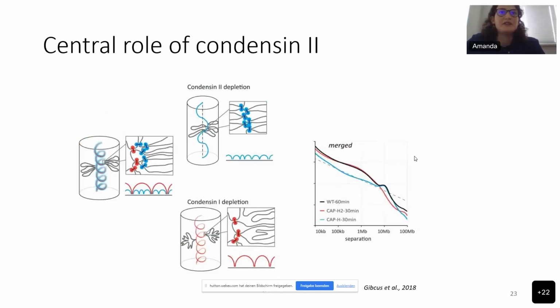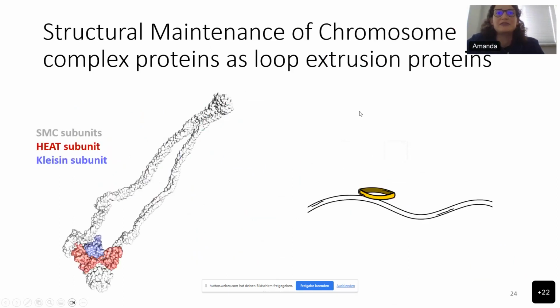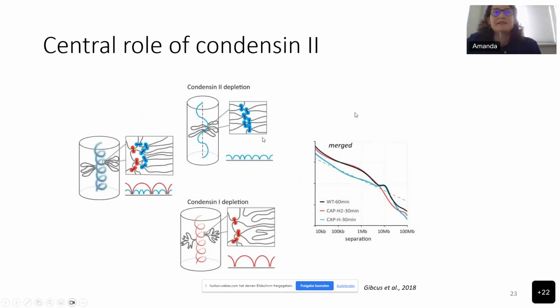And condensin 2 has a very central role in this model because they did the depletion of condensin 2 or condensin 1, and they noted that when they depleted condensin 1, this pattern appears in the Hi-C where the bump is still there, but not this region.